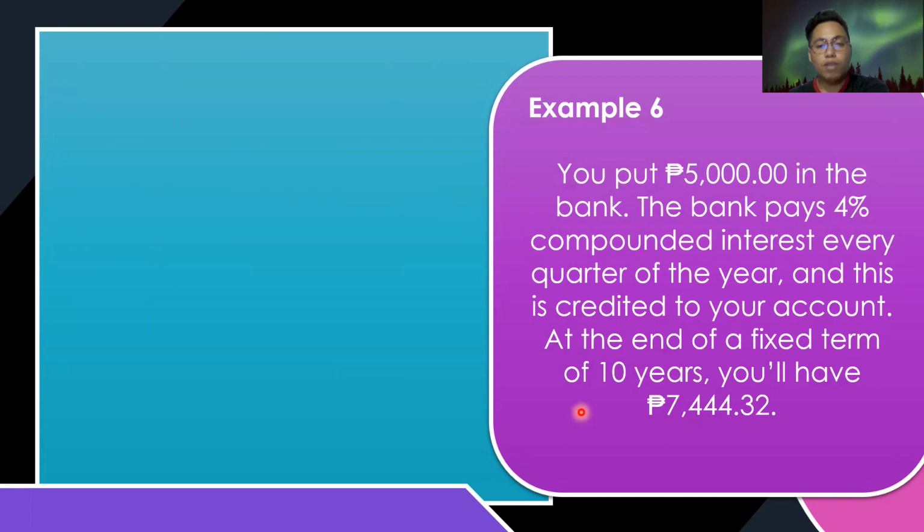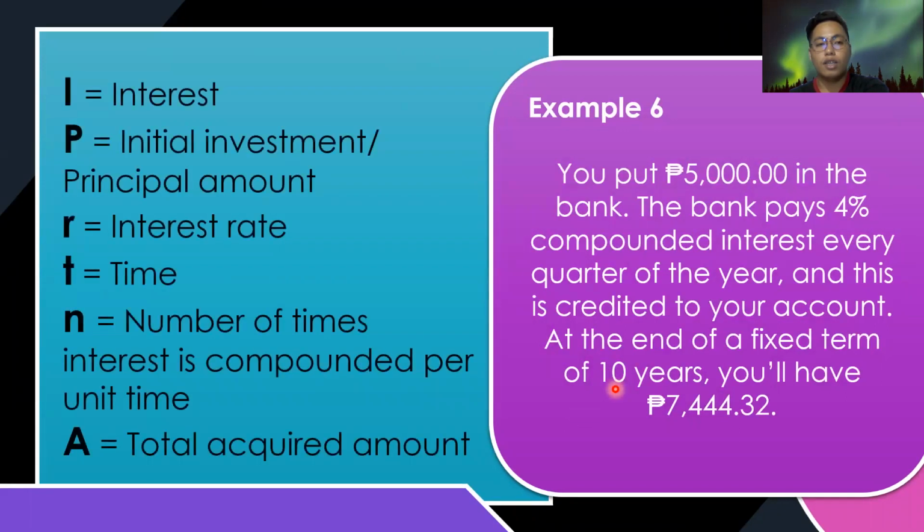So in compound interest, because there's an additional variable to consider, let's analyze again. The interest in this word problem is the money earned. From 5,000, it became 7,444.32. Therefore, the interest is 2,444 pesos and 32 centavos. The initial investment will be 5,000 pesos.